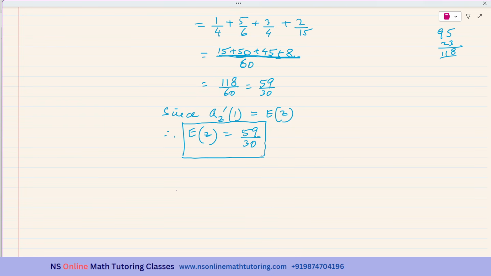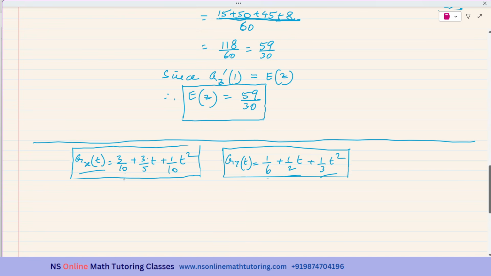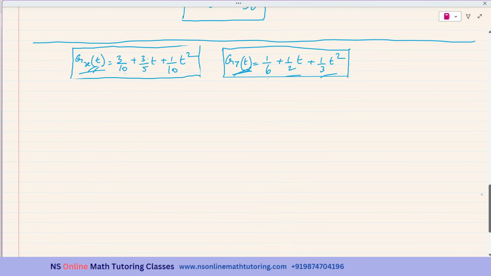Okay, now we had found that GX of t and GY of t. X was the number of red balls and Y was the number of tails that were obtained. Let me write the distribution tables once more quickly. So X was 0, 1 and 2, and this was P of X equal to x.